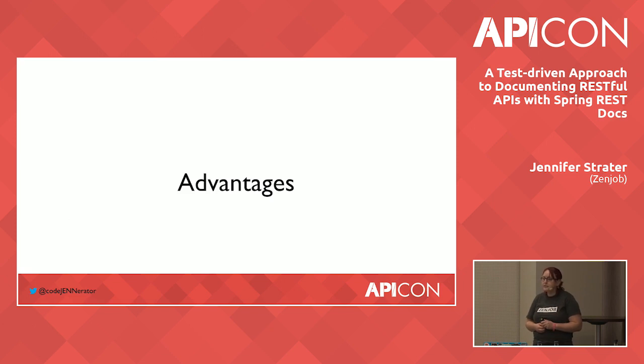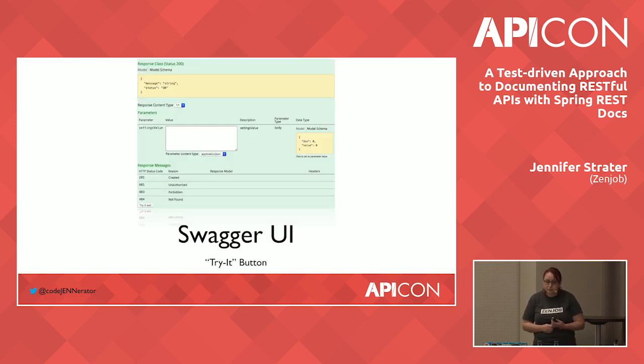But there is one advantage that Swagger brings that lots of people like, including our own teams. And that is this try it button. So when you take any of those endpoints from Swagger UI and you click on it, it expands out into this view.